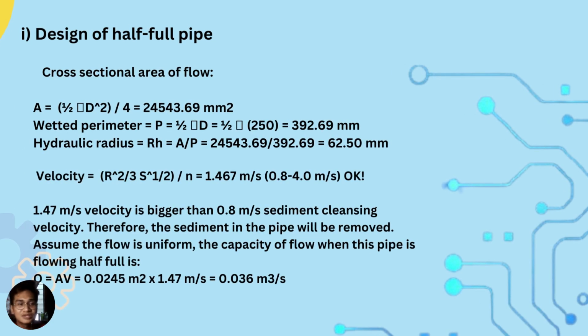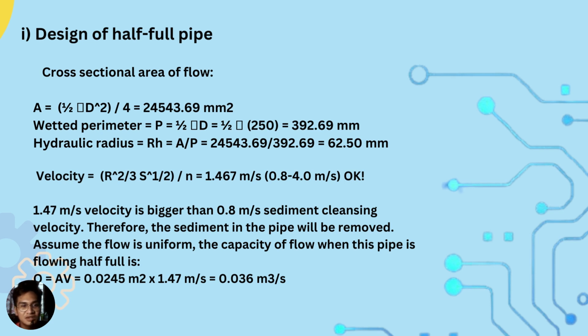Okay, the next step is we need to design the half full pipe. From the area, we got 24,543.69 mm squared. From the wetted perimeter, we got 392.69. The hydraulic radius, RH, equals area divided by wetted perimeter, which is 62.5 millimeter.